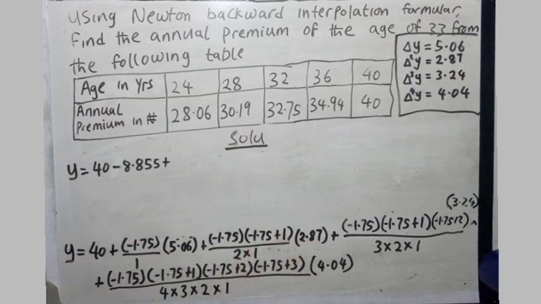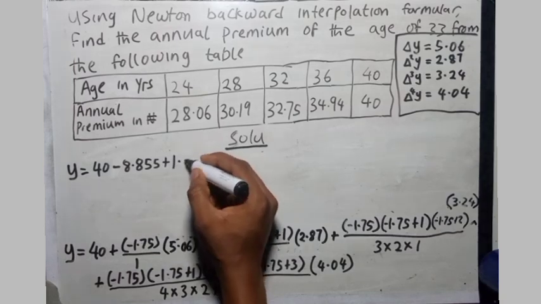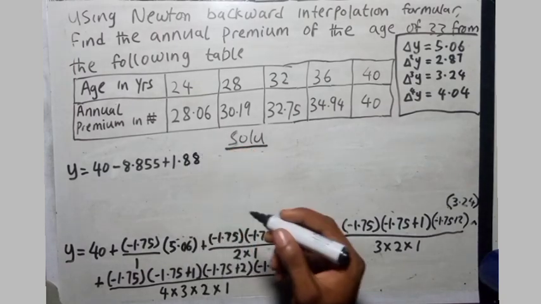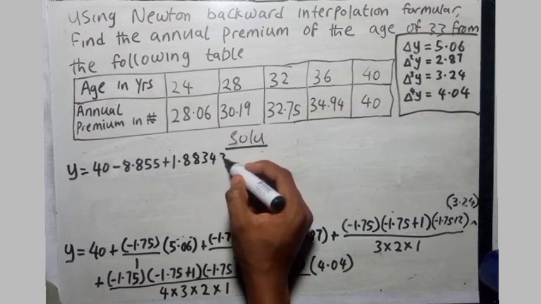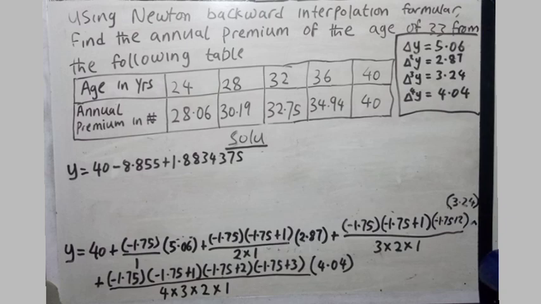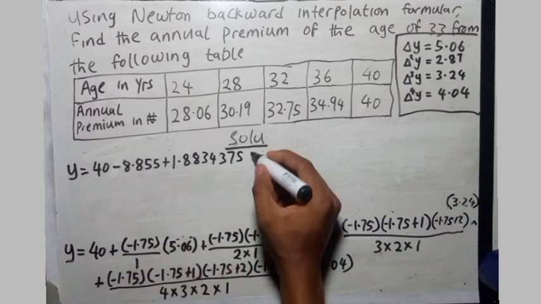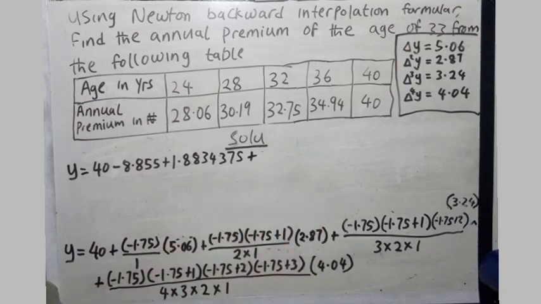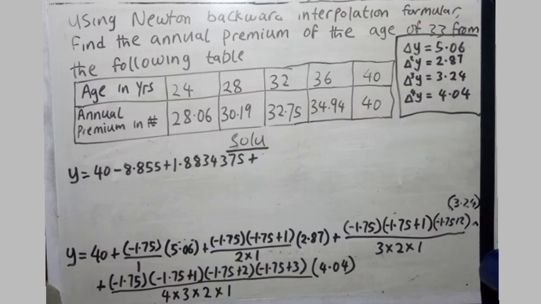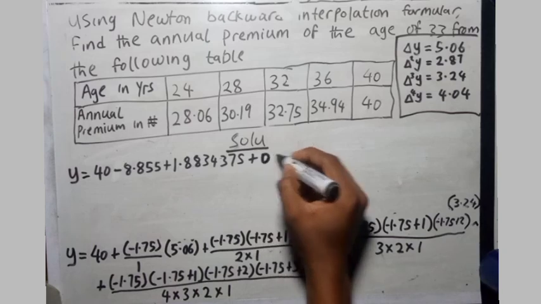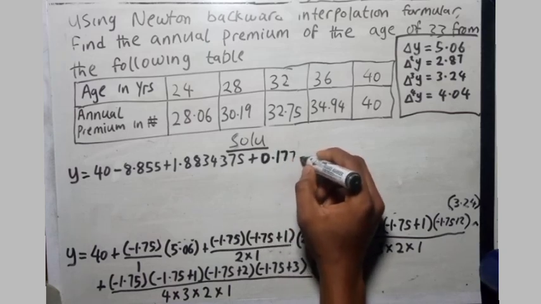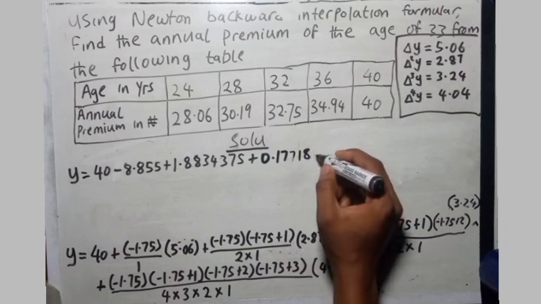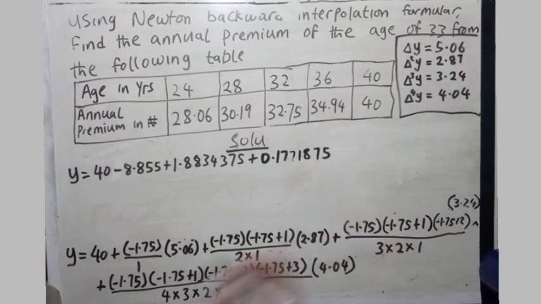So the calculator will be giving 1.8834375. Okay, for the next one, we have our answer to be 0.1771875.